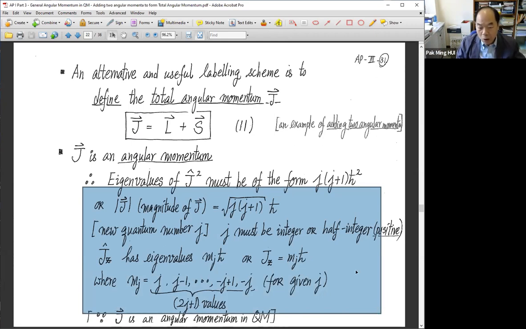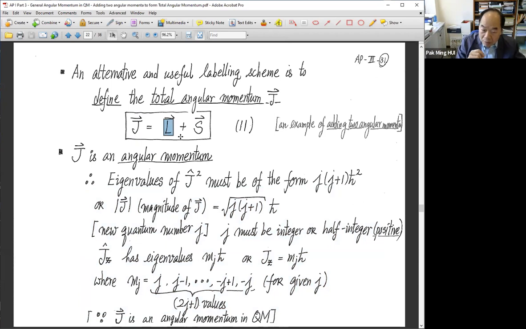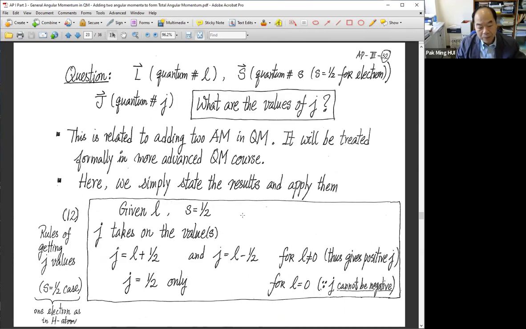So at the end, the whole problem becomes: if the orbital angular momentum has a quantum number small l, and spin is spin half, s is half, what could J be? So this is the quantum number corresponding to the total angular momentum. I give you the rule.